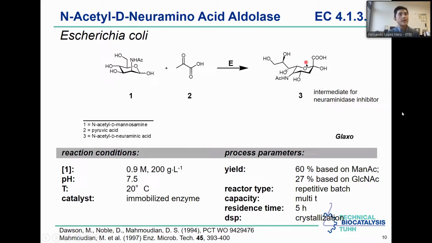Now, this is a very particular glycoside because it is found at the very end of multiple structural components in cell membranes, and along with other sugar residues, it acts as a receptor in many cases.